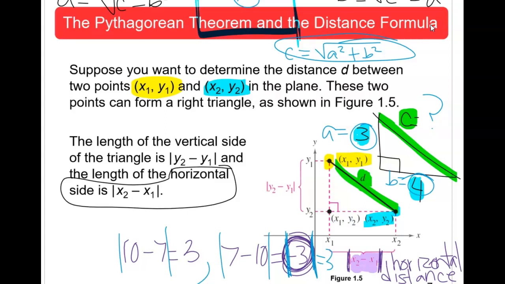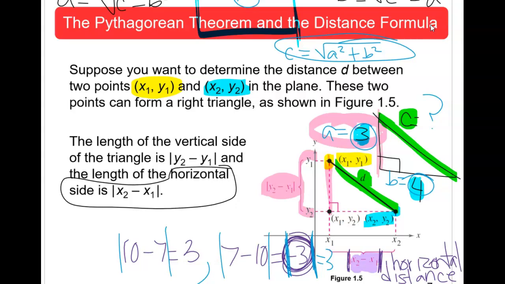Now, to get the vertical distance, of course, we're going to subtract the y coordinates. That is going to give us the vertical distance, which is similar to having that number there for vertical.